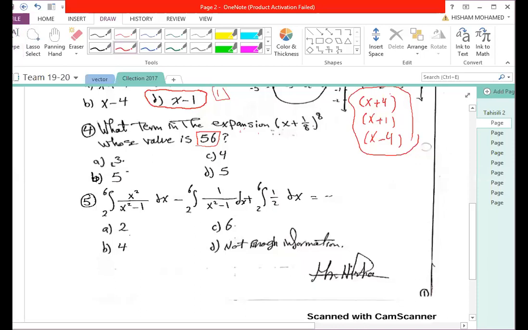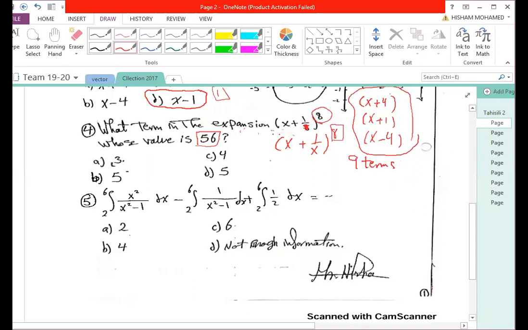It's clear that if this is x plus 1 over x all to the power of 8, then when you expand the bracket to the power of 8, it will give you 9 terms.